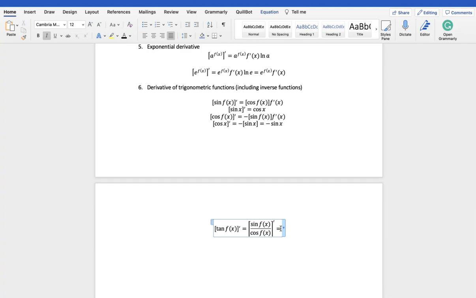This will be equal to the derivative of sine of f of x multiplied by cos of f of x, minus sine of f of x multiplied by the derivative of cos of f of x, and all of that is divided by cos squared of f of x. So that is the general form.